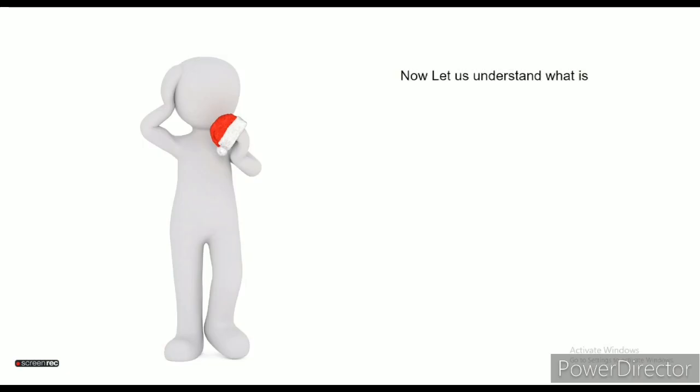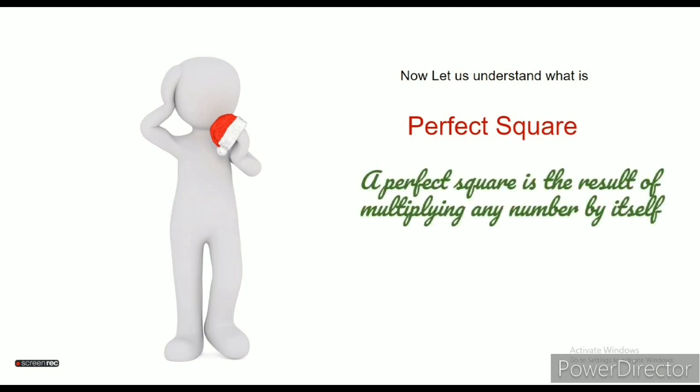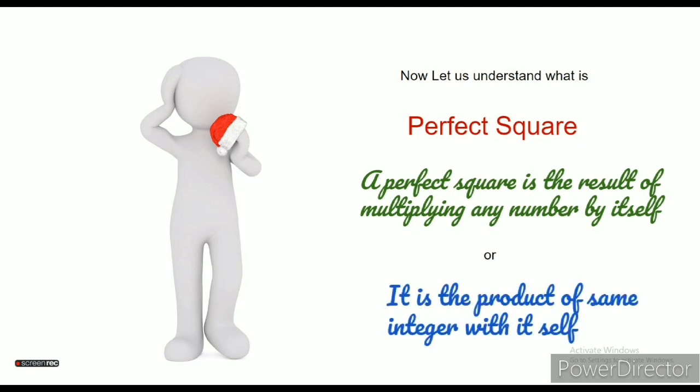Now, let us understand what is a perfect square. A perfect square is the result of multiplying any number by itself, or we can say it is the product of same integer with itself.